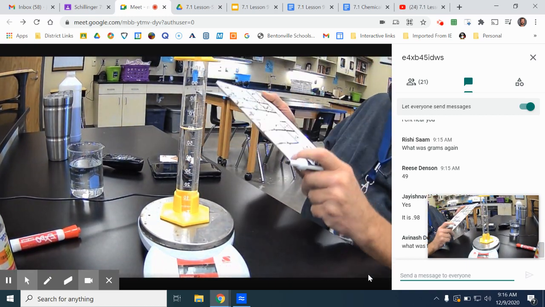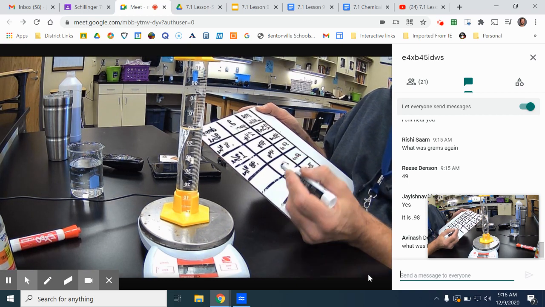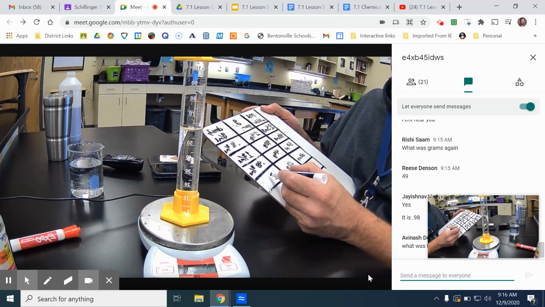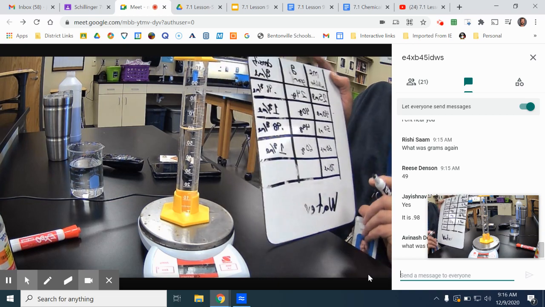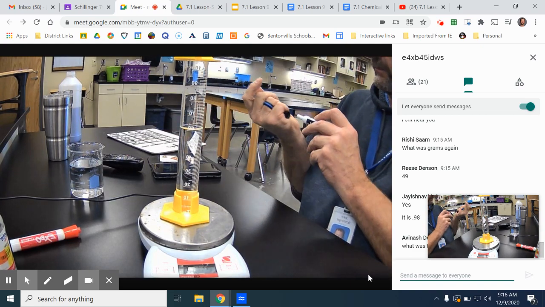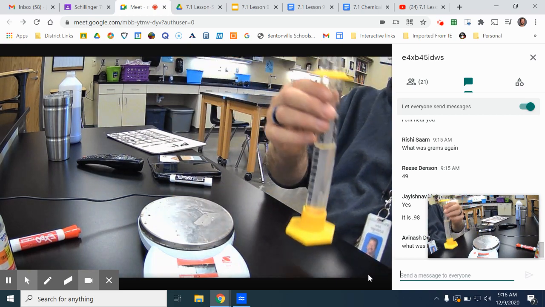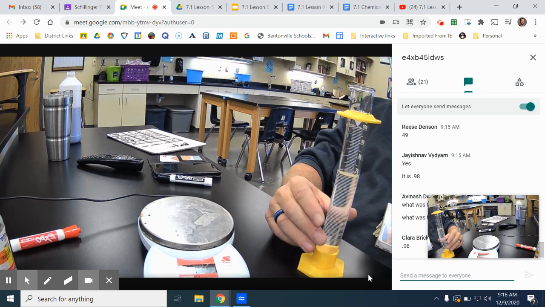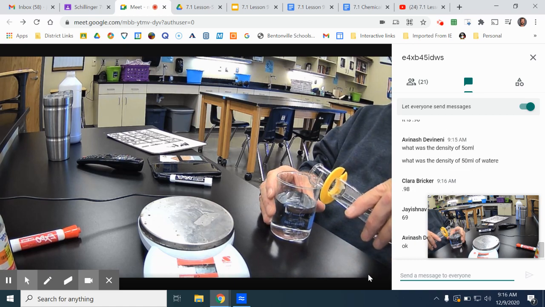Again, not a rocket scientist, but 60 divided by 60 gives me 1 gram per milliliter. And then finally, we'll go to 70. Oops, hair over.